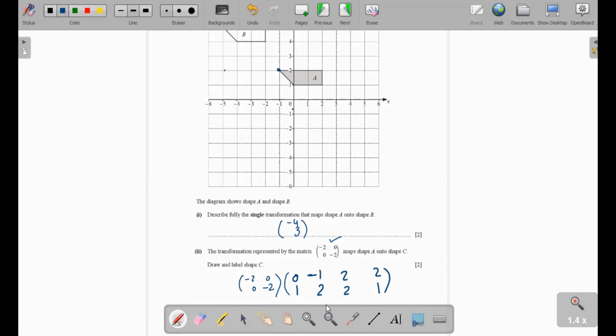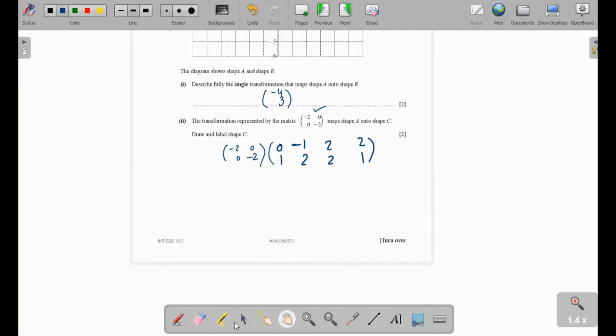Now we multiply these both matrices and we get the resultant value. We get the transformation of A into C by multiplication of both these matrices. We multiply row to column.